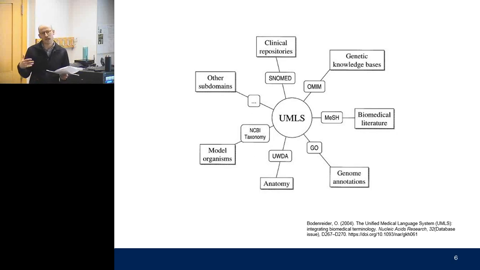That would allow you to automate a search that would pull in, for example, related PubMed articles. So it's this idea of using ontologies from disparate databases to connect together through the UMLS.